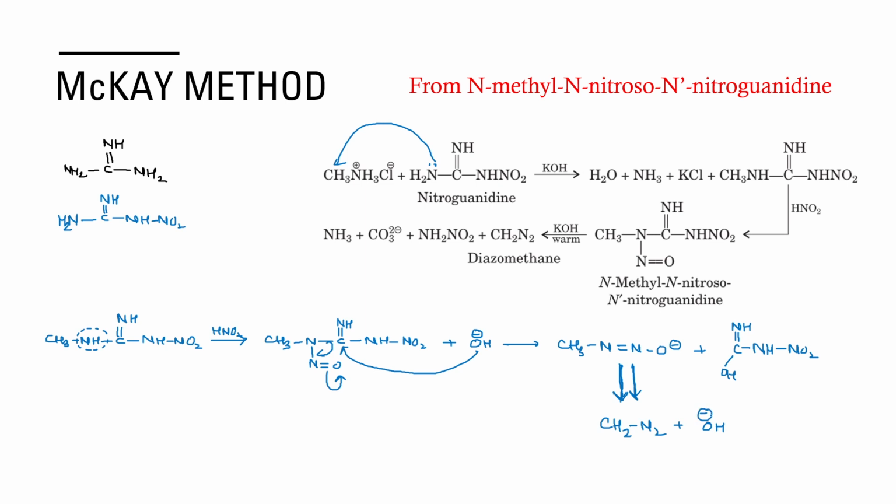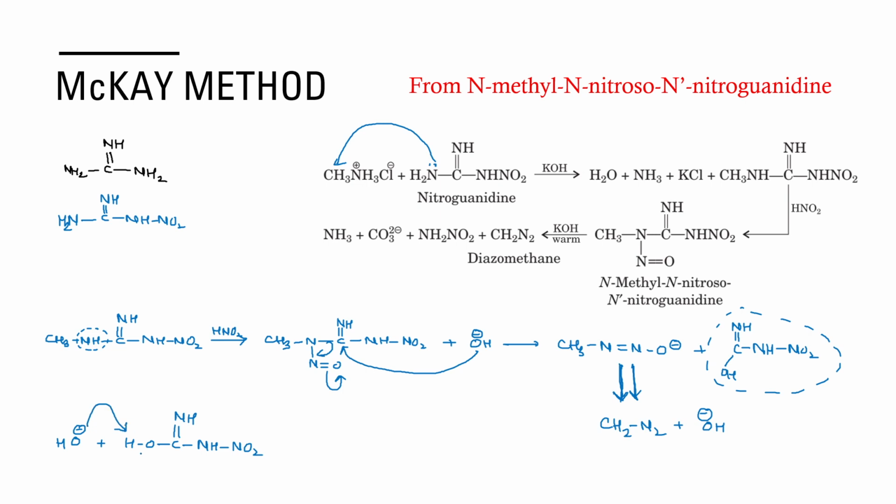OH minus is not that great a leaving group, so OH minus कुछ reaction करने की कोशिश करेगा. So OH minus that is given out will react with this compound, which is the side product. So OH minus will react with HO, C double bond NH, NH, NO2.